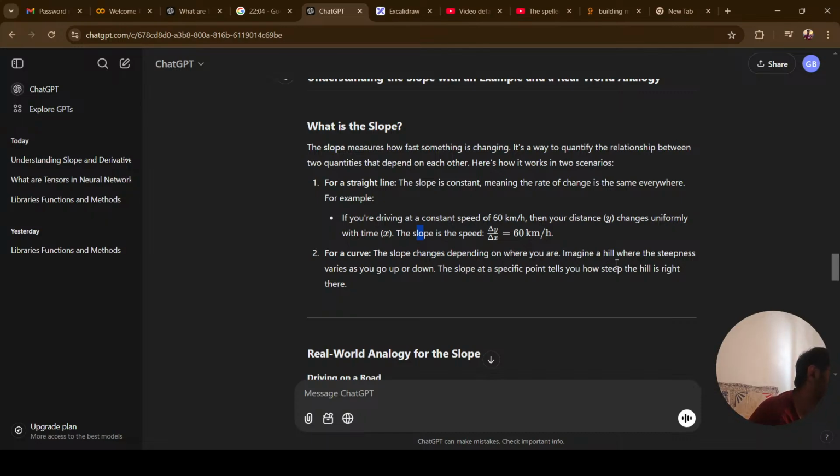For a curve, the slope changes depending on where you are. Imagine a hill where the steepness varies as you go up or down. I'll go up only. So the steepness is first like this, then like this, then like this. Okay. The slope at a specific point tells you how steep the hill is right there.